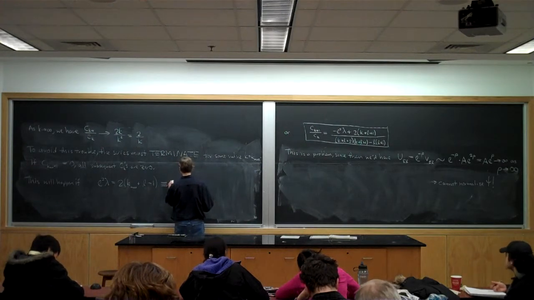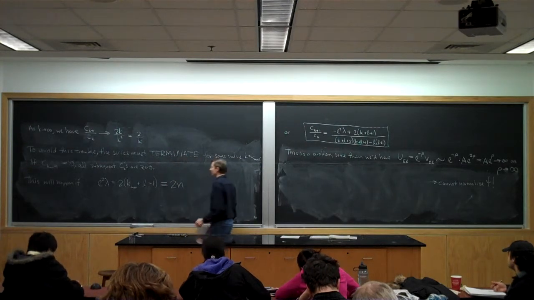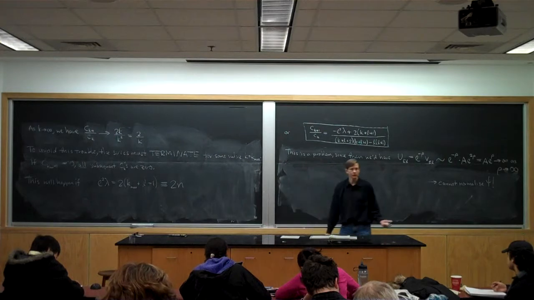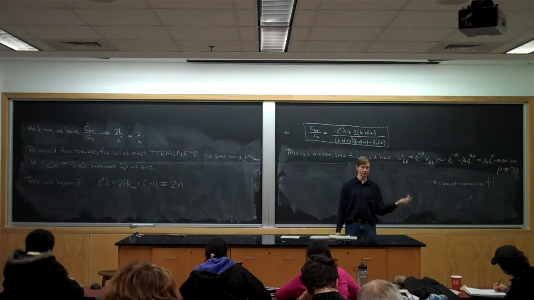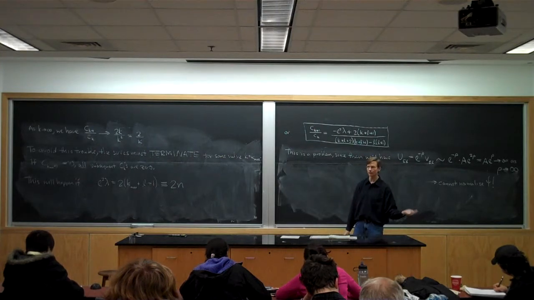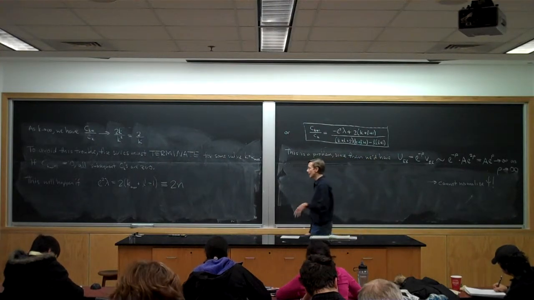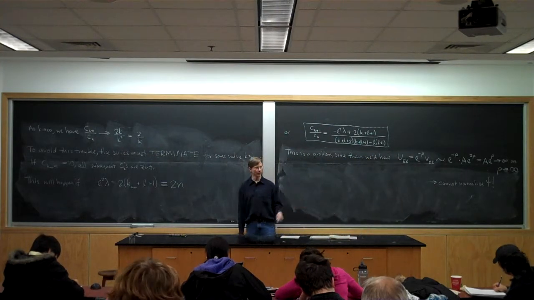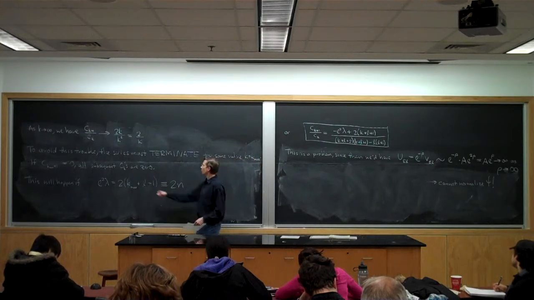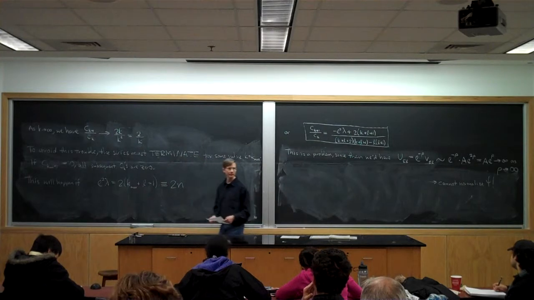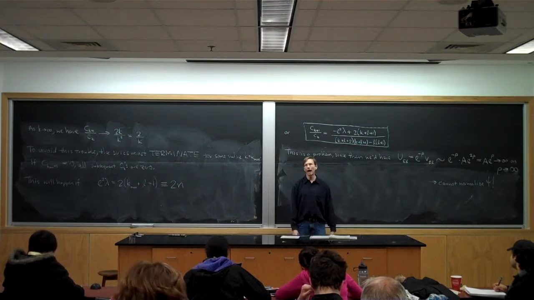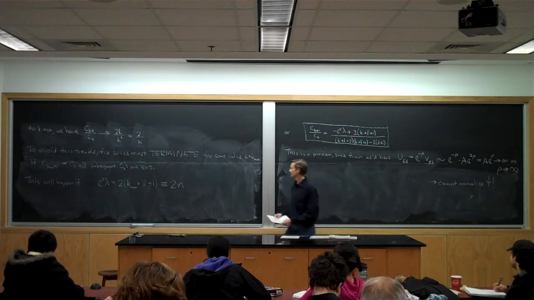Let's define k max plus l plus 1, which will be an integer because the k's are integers, and l we know is an integer because it's the orbital angular momentum quantum number, and orbital angular momentum has integer values of the orbital angular momentum quantum number. 1, last time I checked, was an integer, so k max plus l plus 1 is an integer. Let's call that integer, oh, I don't know, n.